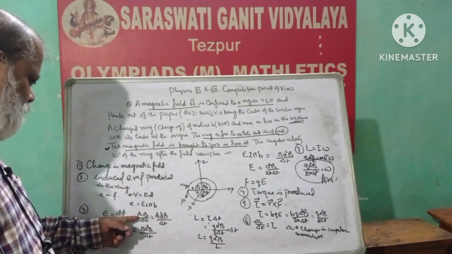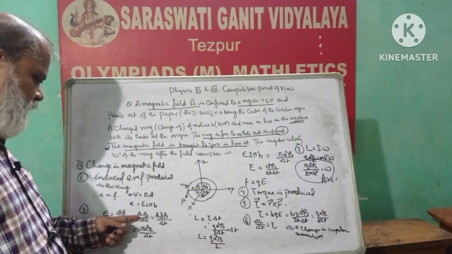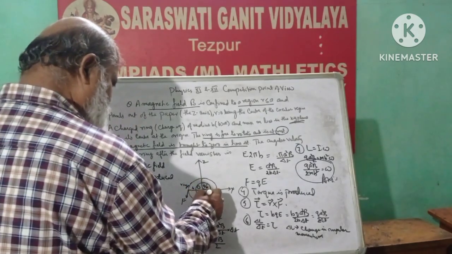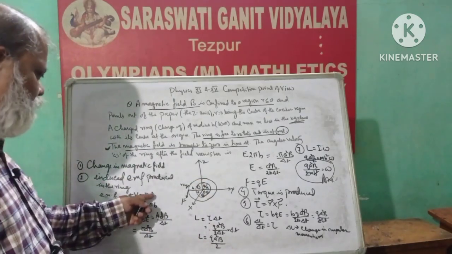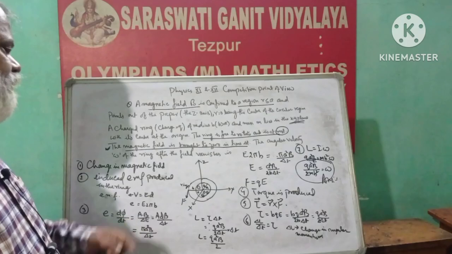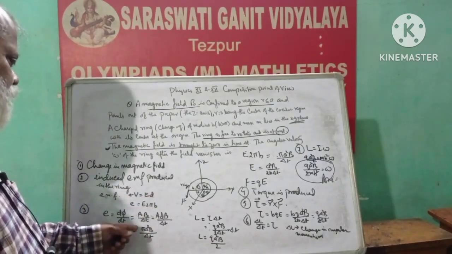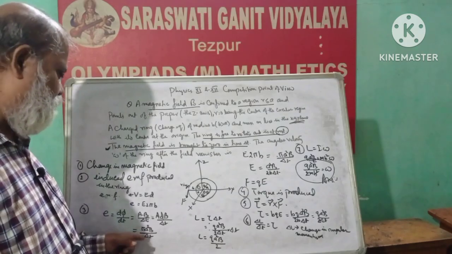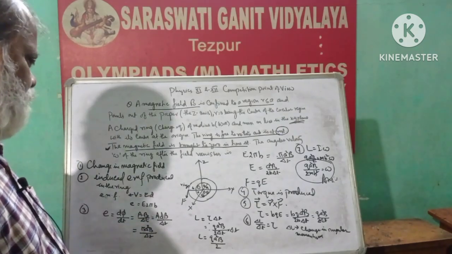So what was the mistake I have done: here A is the area of this magnetic field, and I took the circumference. Here B is the circumference, it is okay. But I wrote here 2 pi r circumference, when this is the area.